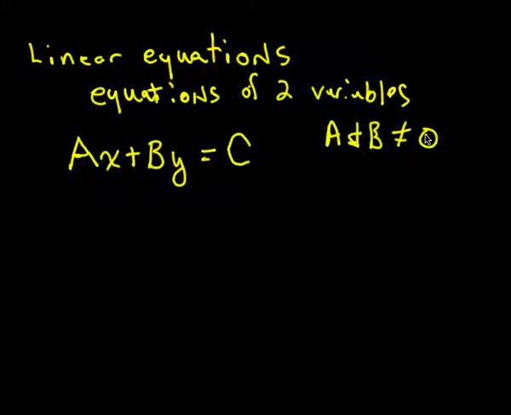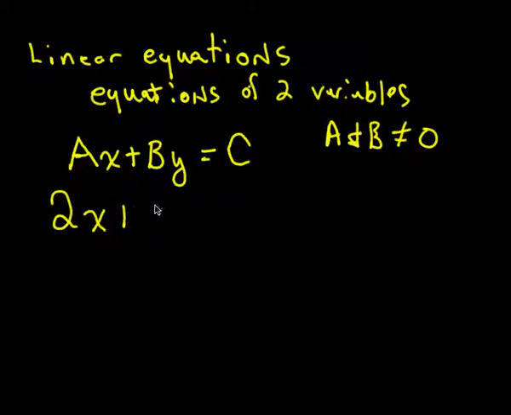So what we have is some amount of x and some amount of y equals a constant number. And we call these linear equations. And we're going to get into why these are called linear equations. But we're going to look at them first as mathematical expressions and find out why they're linear.